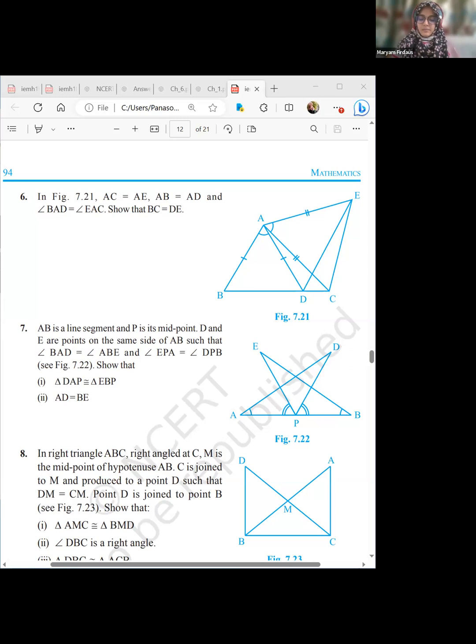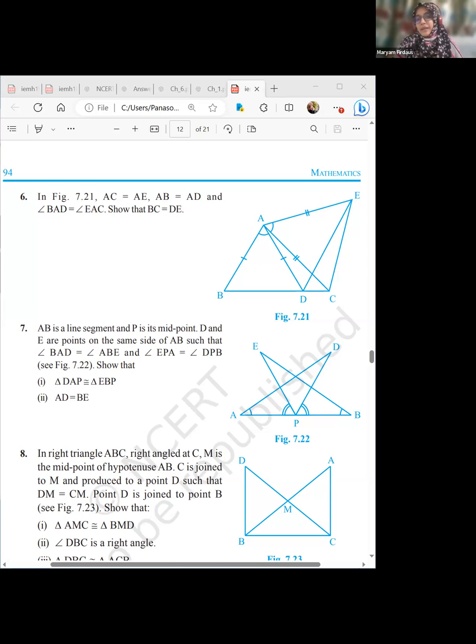BAD equal EAC. Yeah, that is what's given. Angle BAD is equal to angle EAC. This is given to us. Are you understanding what I'm saying? Angle BAD is equal to angle EAC, the black one.